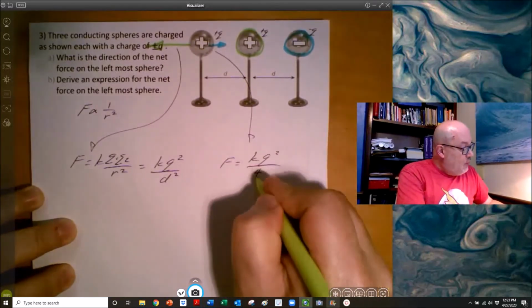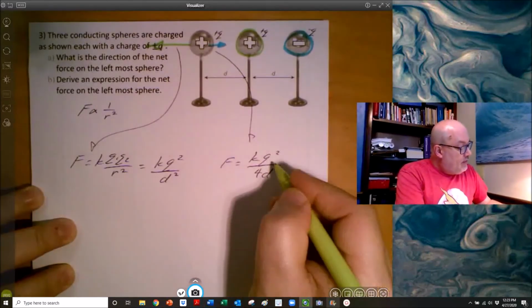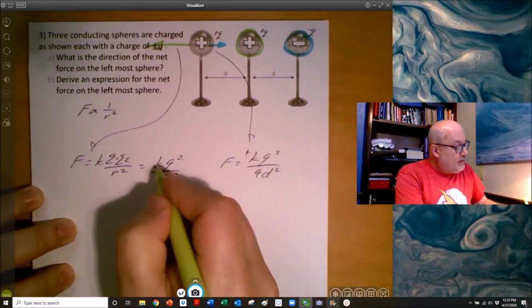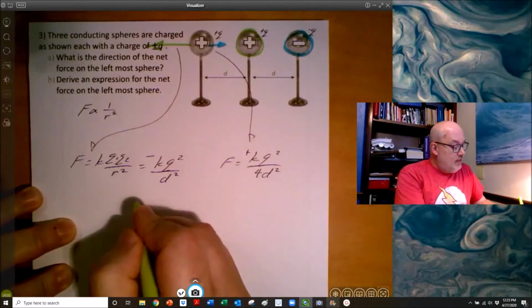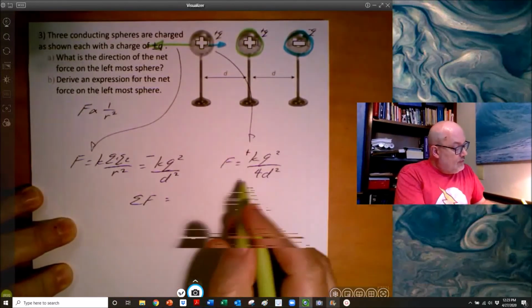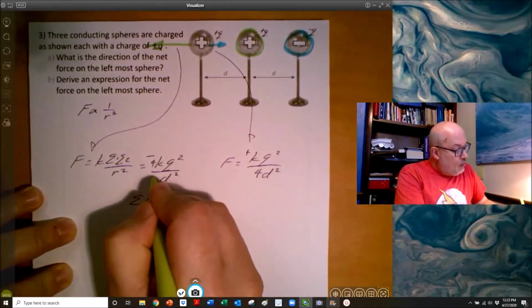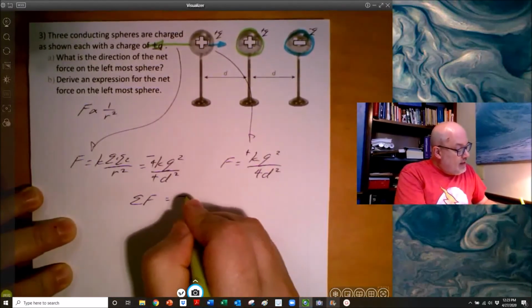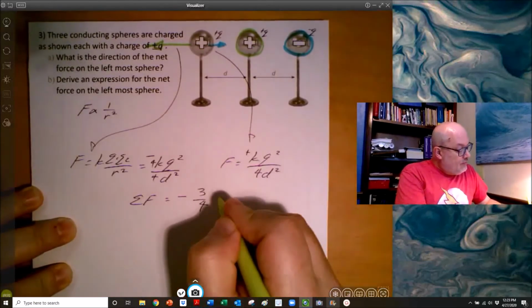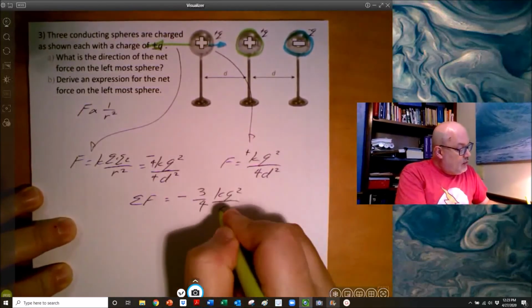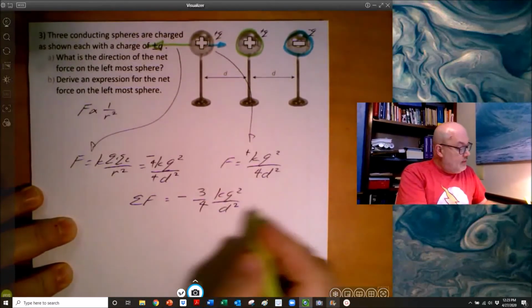So that's going to be 4D squared. Now this one's going to be to the right. I'm going to make that one positive. This one's going to be the left. I'm going to make that one negative. So my sum of my forces will be, this is like 4 over 4. So this is going to be negative 3/4 K Q squared over D squared. And we're done. So it's to the left.